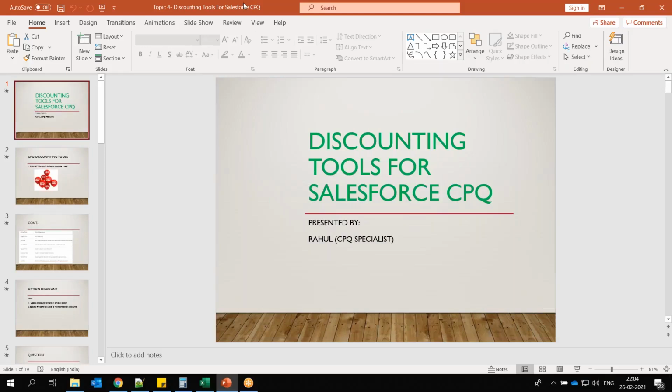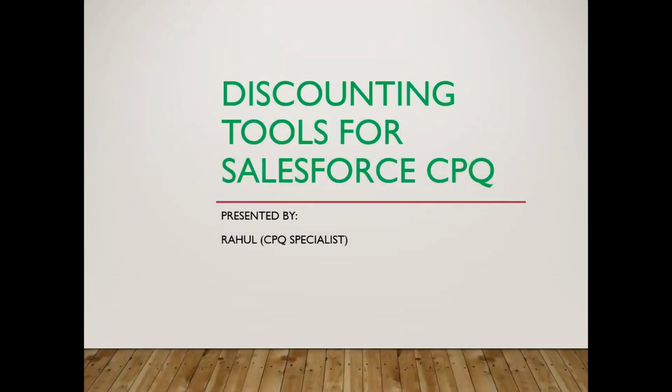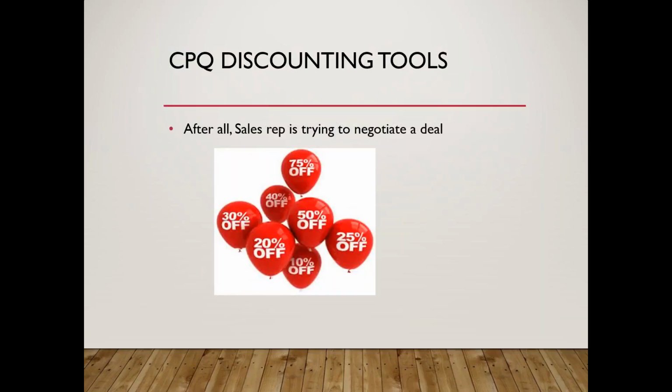Okay, so let's start on discounting tools as well. This is a very interesting topic for everyone. Like if you go to the market, if you get more discount, you will 100% buy that particular product, right? Similar things happen in each and every business. If you are selling 100 products to the customer and giving some discounts, that's the interesting point to close the deal.